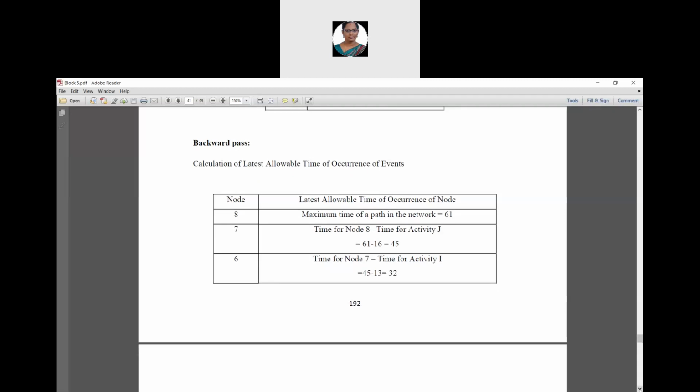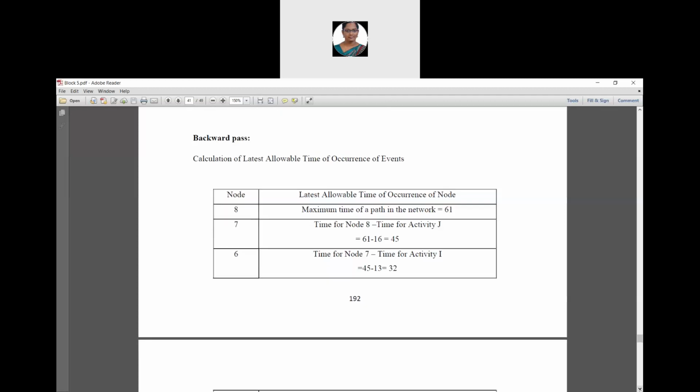Yes, it is the most important thing. So for node 7, latest finish value for node 8 is 61, and the time duration for activity J is 16. So 61 minus 16, it is 45.